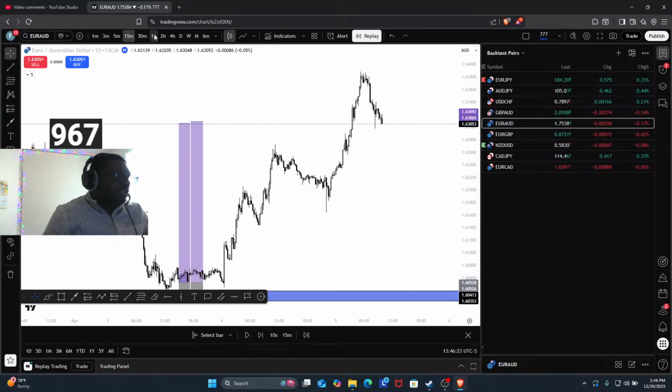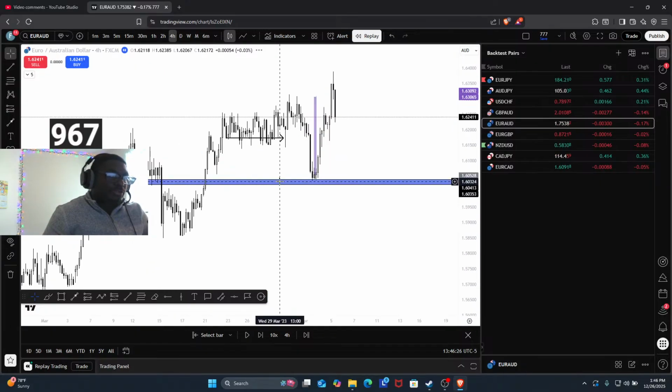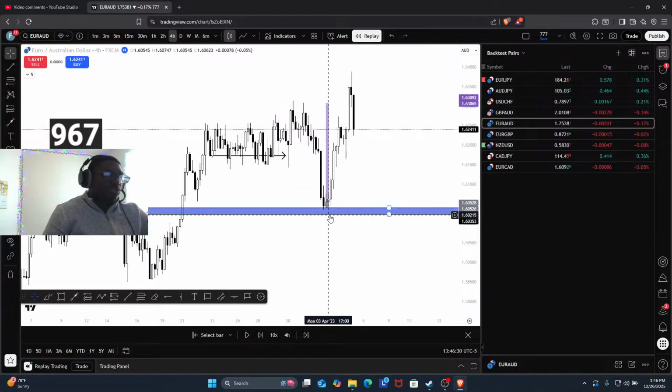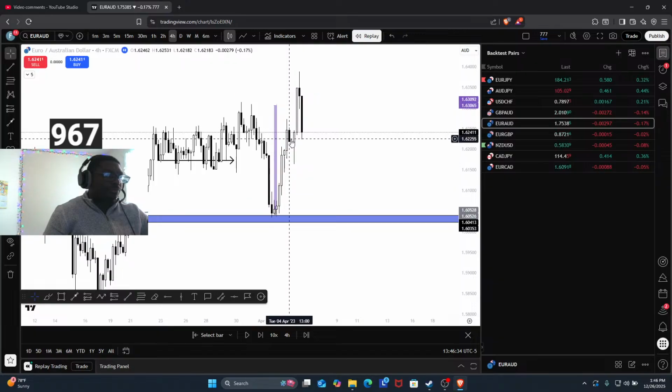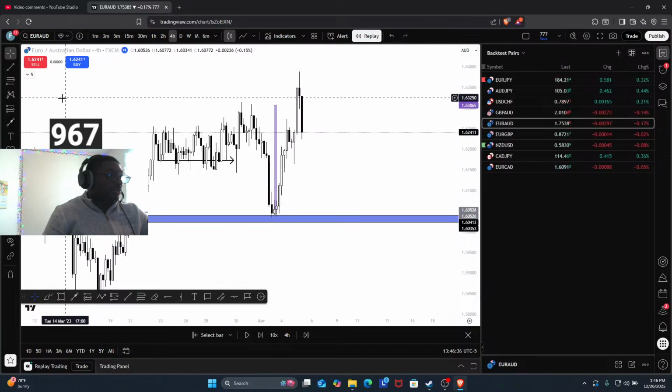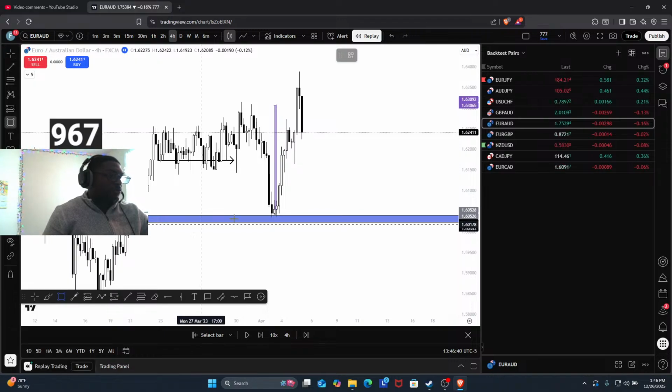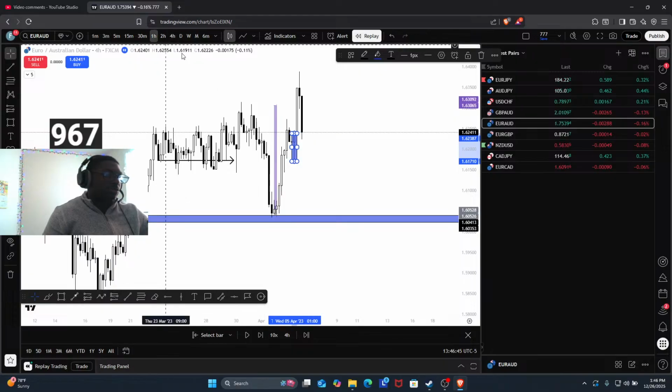It didn't even bother that. So that's cool. You got it here, 1, 2. This is a nice area of interest or a nice impulsive move. Banks were in here, so let's see what's in there.